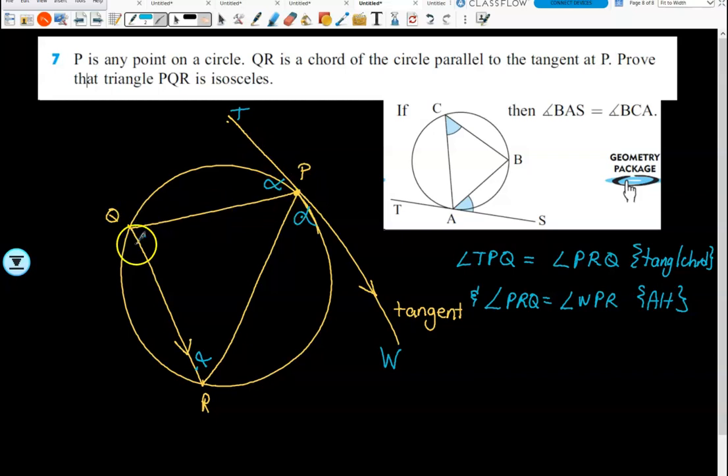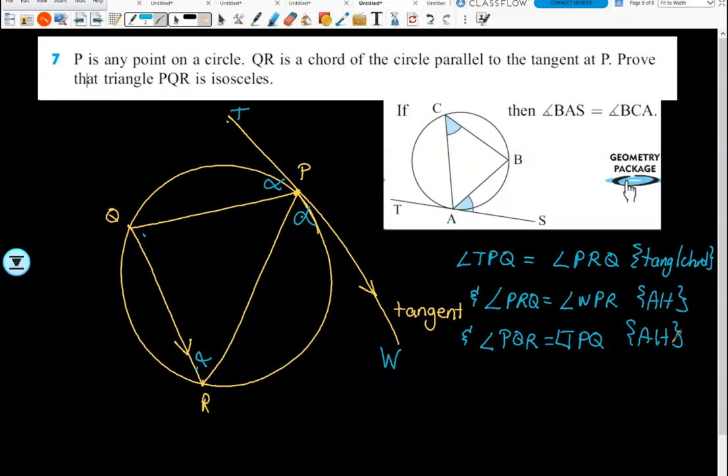With that, I was actually going tangent chord theorem. So again, two options. What do we want to go with? I'll write whatever you want. You prefer the alternate? Okay, so we can say angle PQR equals TPQ, alternate.